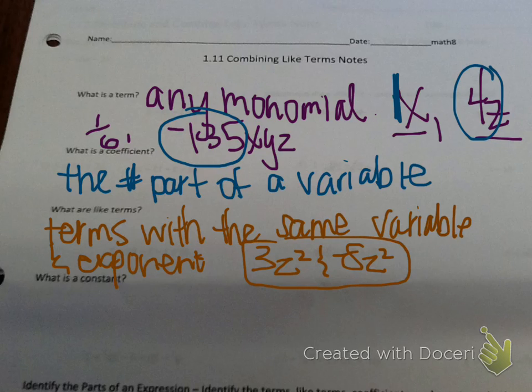and 9z and 1/3 z are like terms, but they're not like terms with each other because z squared and z do not have the same exponent.